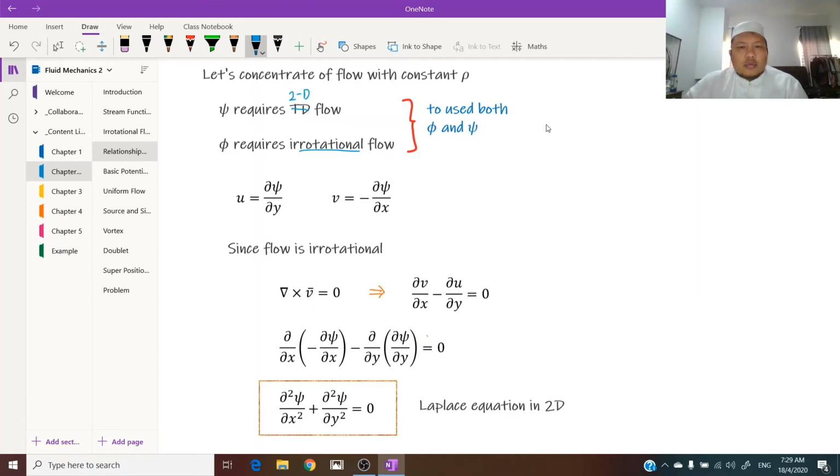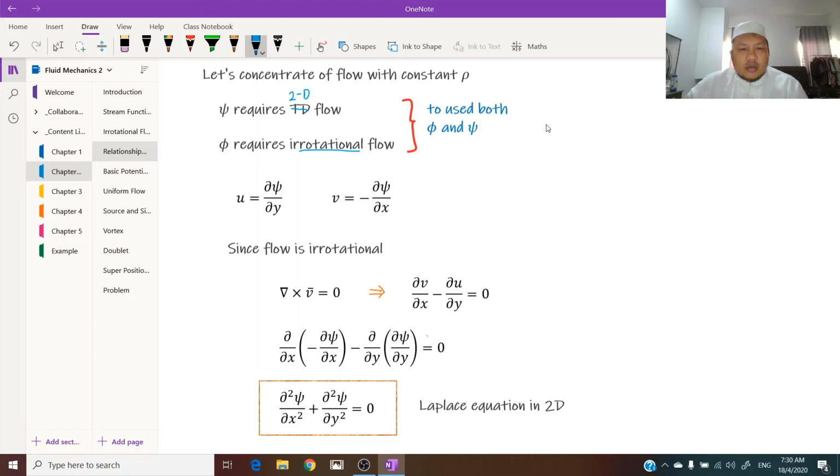To use both phi and psi, we must satisfy these two conditions. If one of these is not satisfied, we cannot use potential flow. Alright, so now we have u equal to dpsi/dy, v equal to minus dpsi/dx.